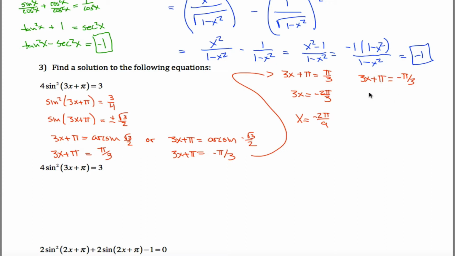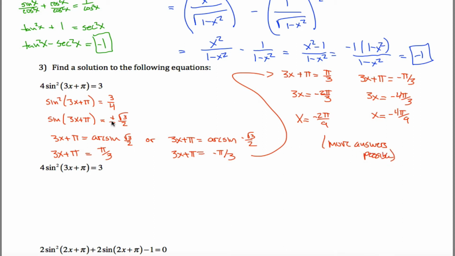Over here, if you subtract pi, you get 3x is equal to negative 4 pi over 3. So x is equal to negative 4 pi over 9. Turns out there are more answers. We'll learn later how to find more answers.